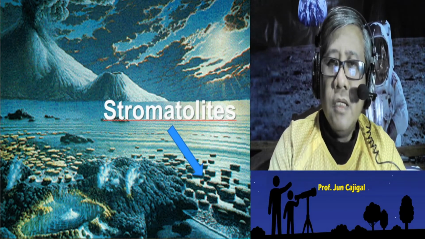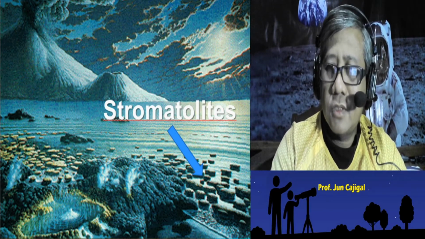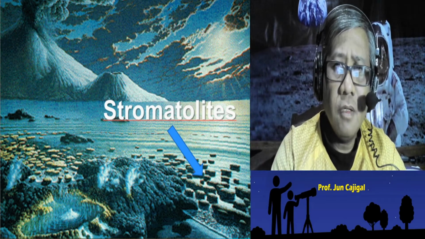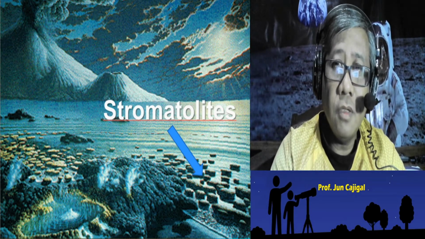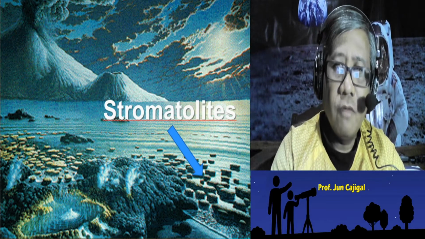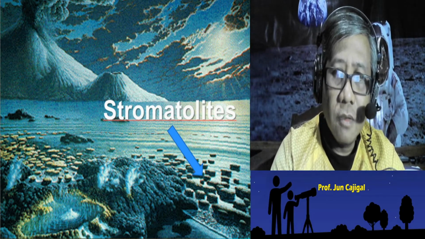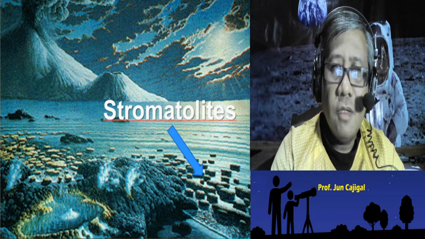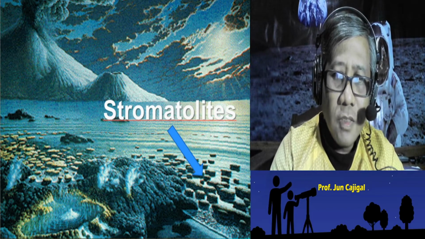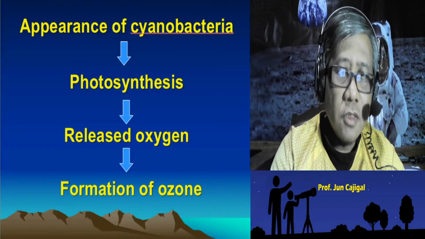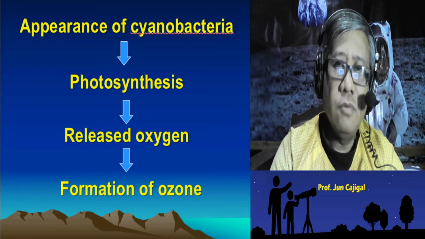So these stromatolites contain the cyanobacteria. And the cyanobacteria, through photosynthesis, were able to release oxygen for the first time. So they were able to oxygenate the Earth's atmosphere. So this is very significant because the presence of oxygen led to the formation of ozone.